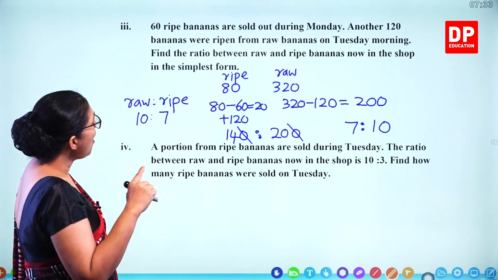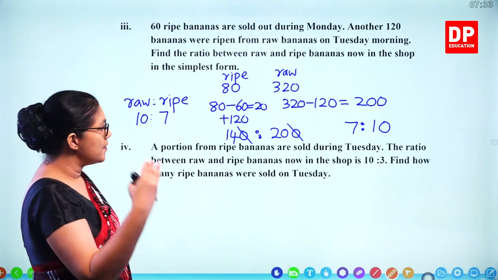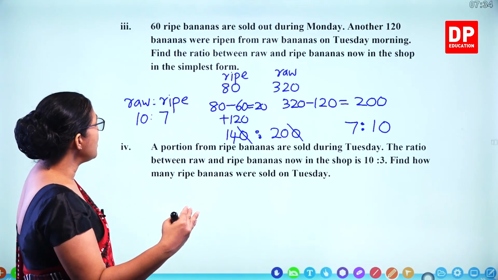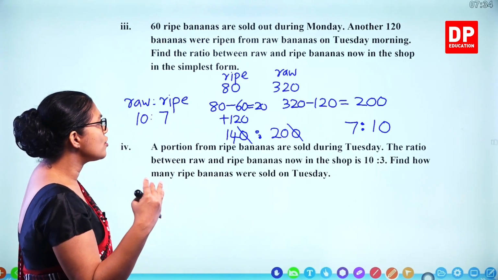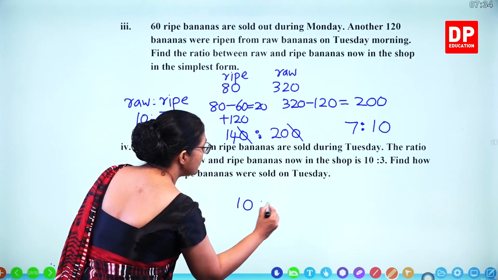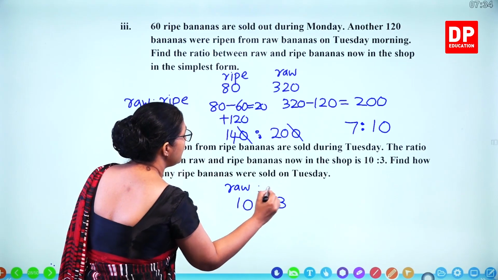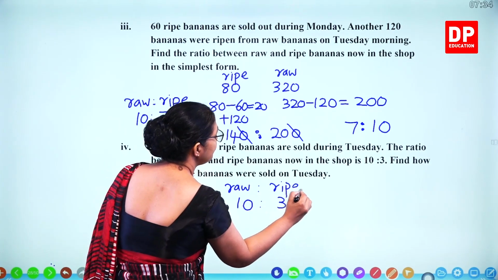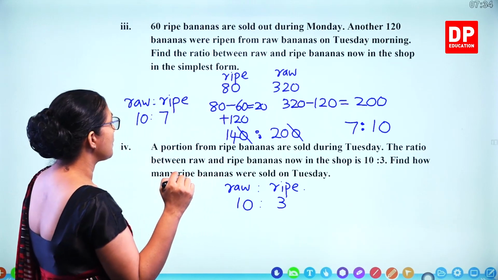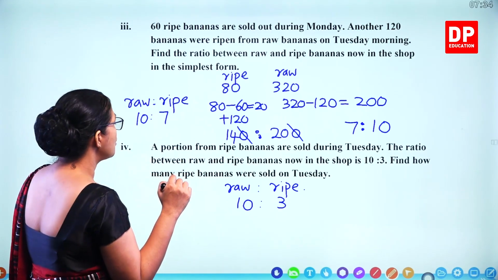A portion from ripe bananas are sold during Tuesday. Now this is Tuesday. The ratio between raw and ripe bananas now in the shop is 10 to 3. Now 10 to 3. This is raw and this is ripe ones. Find how many ripe bananas were sold on Tuesday.